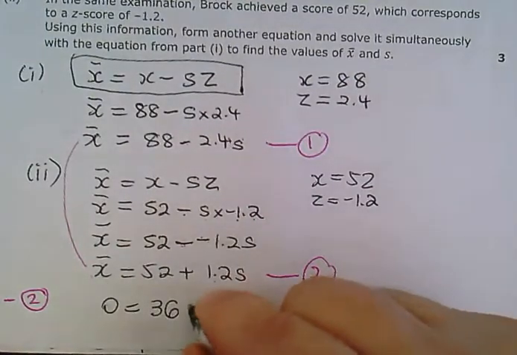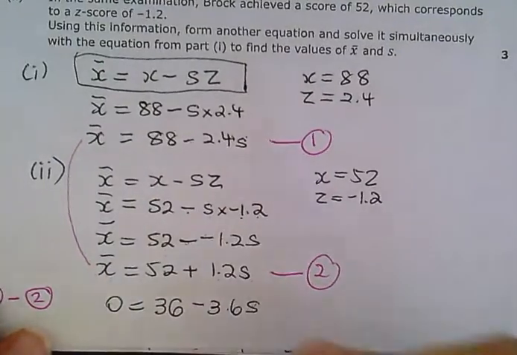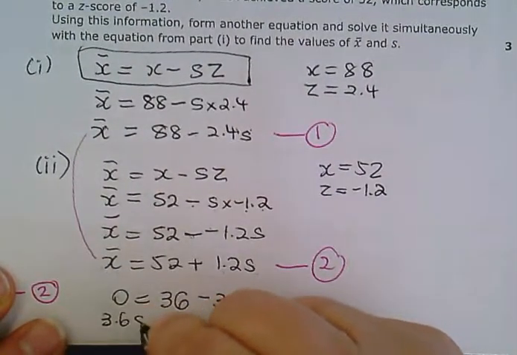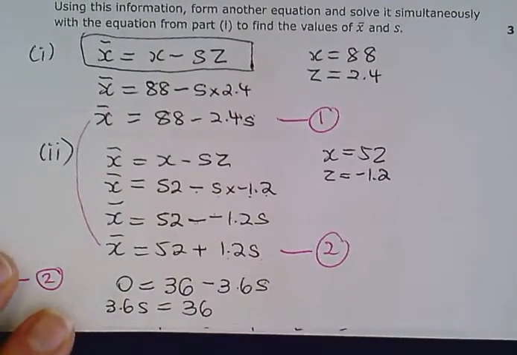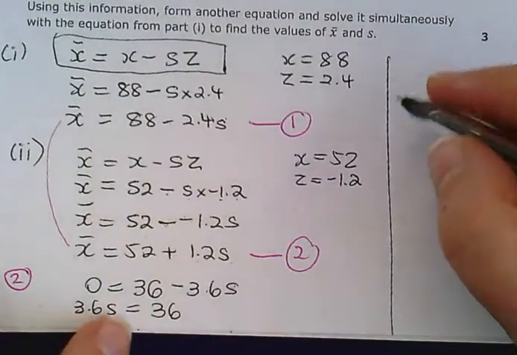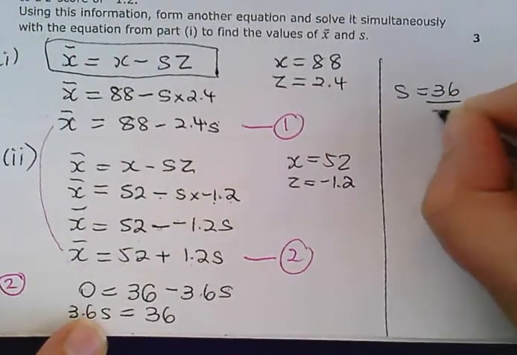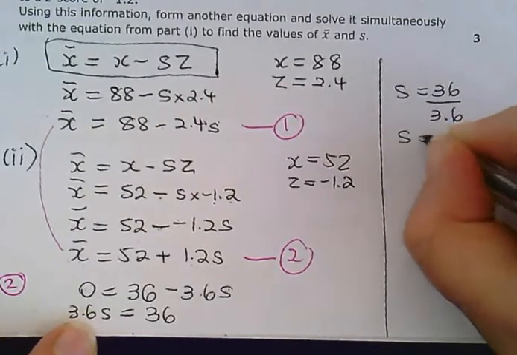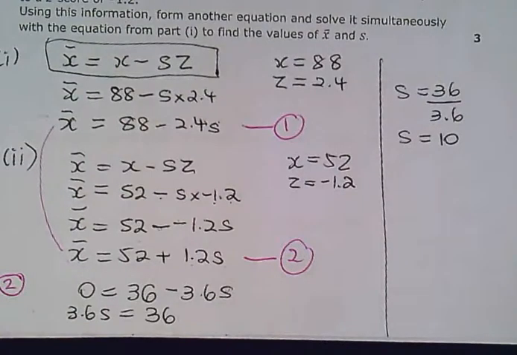Use your calculator. Negative 3.6. Now, why don't I take this minus 3.6s to the other side? So 3.6s equals 36. I can already see that s is 0.1. And now we divide by 3.6. So s is 36 divided by 3.6, which is, sorry, 10. Sorry, it's not 0.1, it's 10.